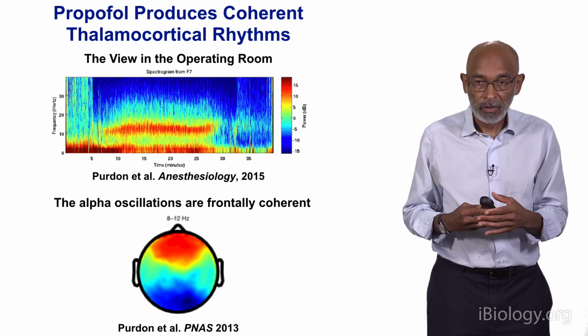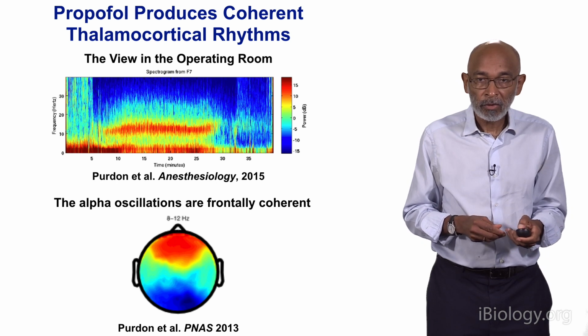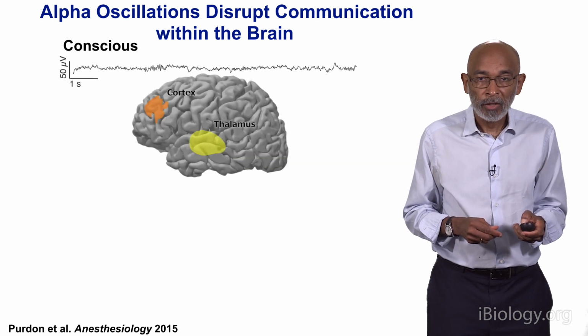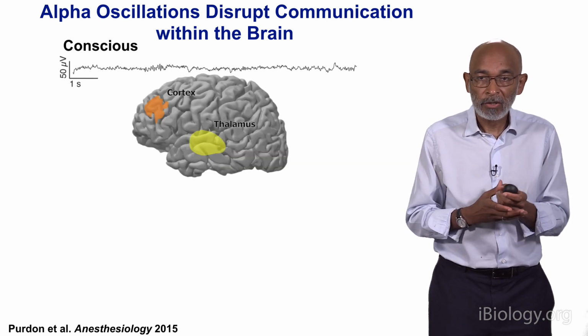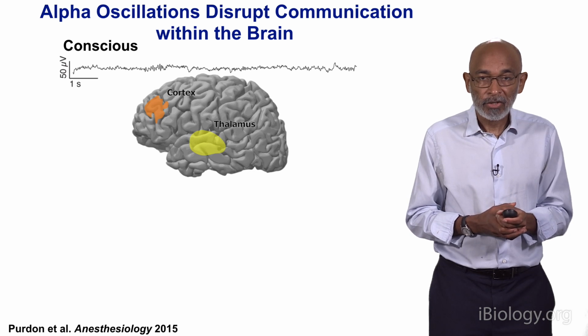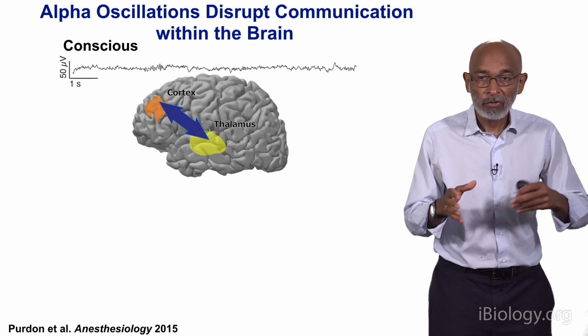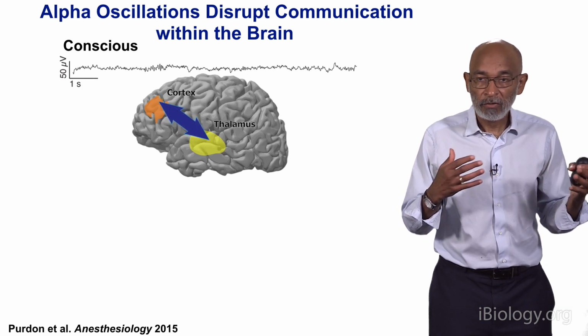All right? So what do we think is going on? Here's what we think is happening. So this is someone who's conscious. And when you're conscious, you have broadband communication going freely back and forth between various parts of the brain.